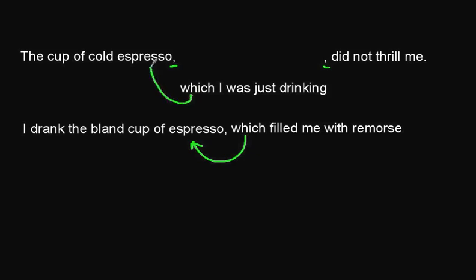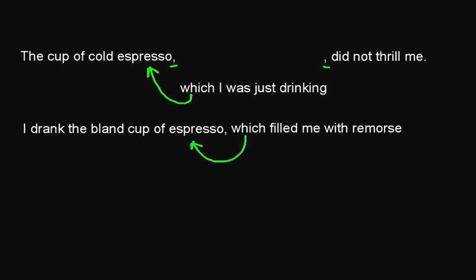Which espresso? The one which I was just drinking, right? It's still answering the question. So it's still acting like an adjective clause. It's just not important information. I can take it out, and the meaning of the sentence does not change. That's the critical thing you have to remember about commas in sentences, is that they indicate whether the information is essential or restrictive or not.